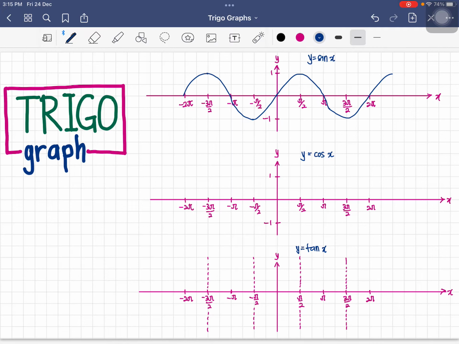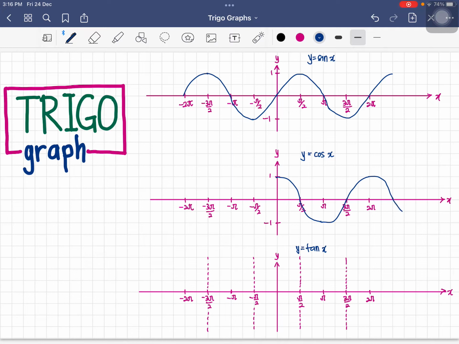And then for the cos of x, it should start with 1, right? So it goes this way, and then it goes downwards. Let me just do it again. We'll go this way. This one goes to this, and this one goes to this. And if it needs to go further, it will be something like this.